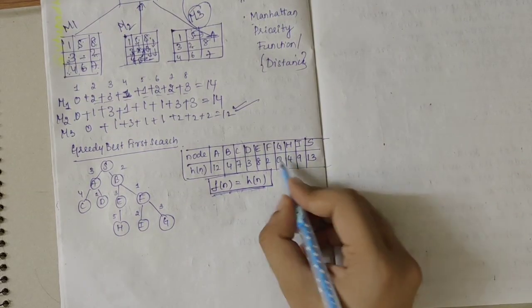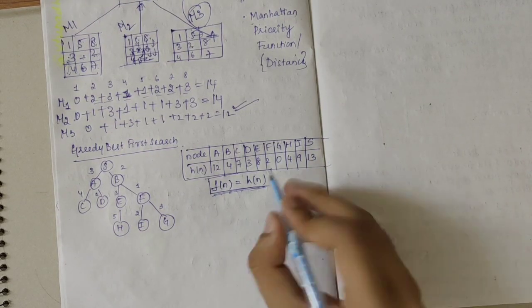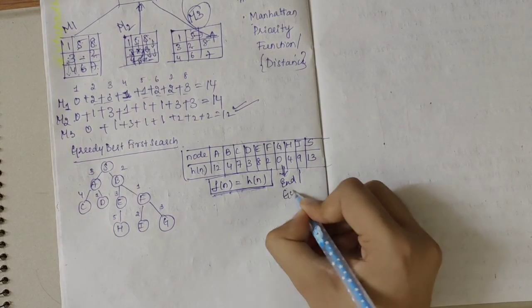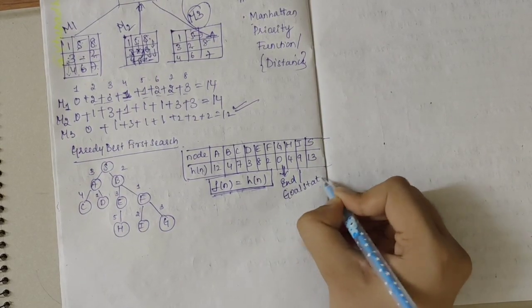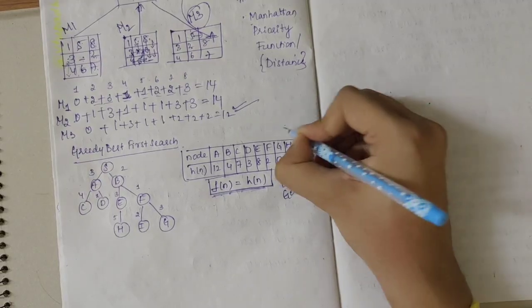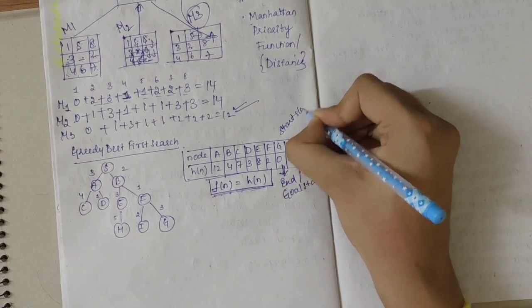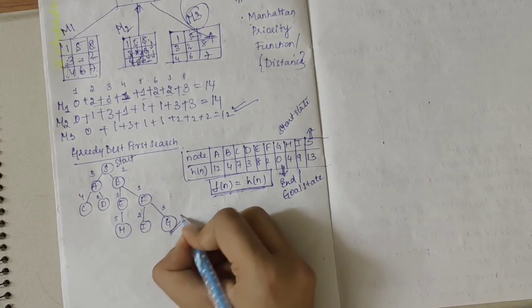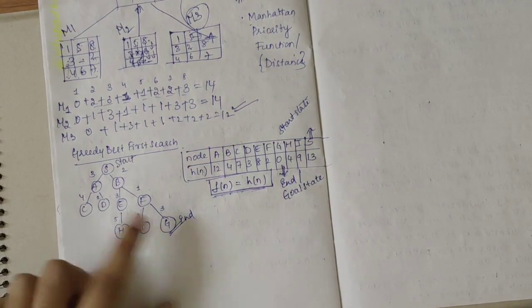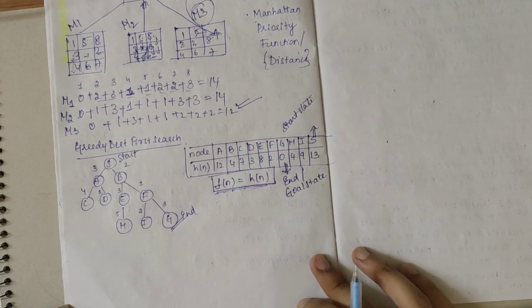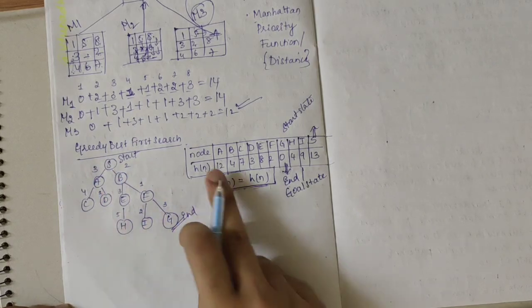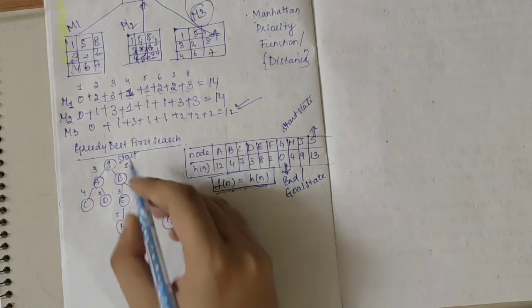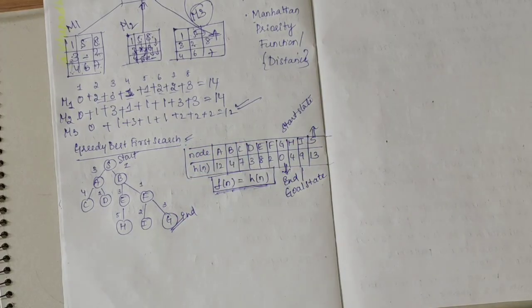Whichever node has h of n as 0 would be the end or goal state, and wherever we have S would be the start state. So S is the start state here and G is the end. I need to reach G here. So in order to reach from S to G, I need to consider only the h of n values. I need not consider whatever is written here. That is one point to remember about greedy best first search.